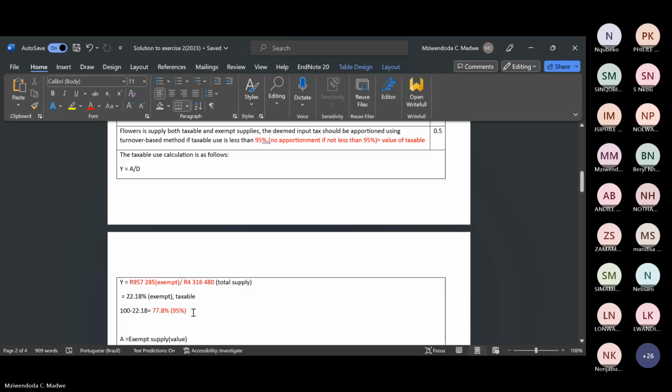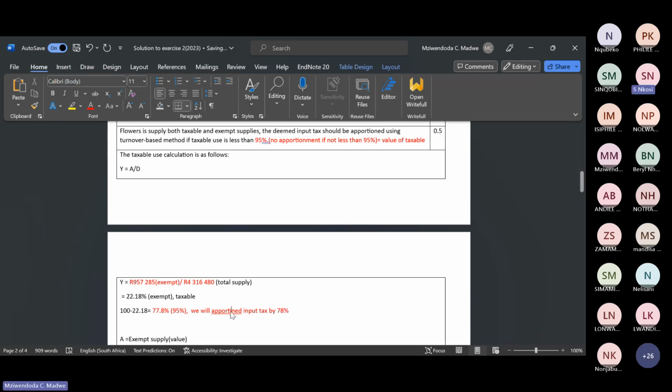Yes, it is less than, which means we will apportion input tax by 78%.